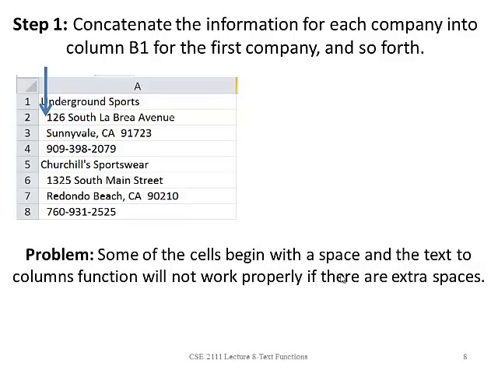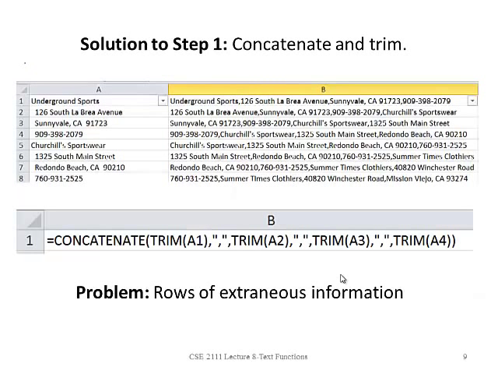When I look at this data, I notice that some of the cells begin with a space. And I know the Text to Columns function will not work properly if there are extra spaces. So what do I do? Well, there is a function called TRIM, and the TRIM function takes out any unneeded spaces.